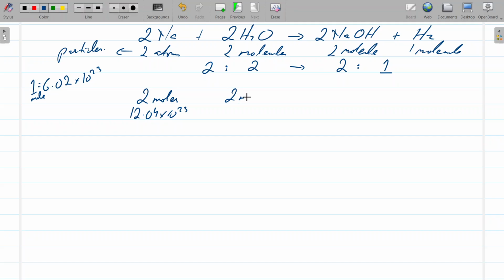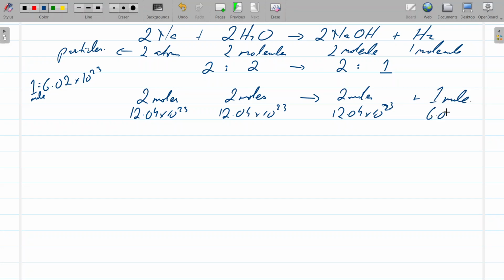And again, 2 moles here, so again 12.04 into 10 to the power 23. 2 moles here, so again 12.04 into 10 to the power 23. And 1 mole here, which is 6.02 into 10 to the power 23. And so again, I'm getting a ratio of 2:2, giving me 2:1.